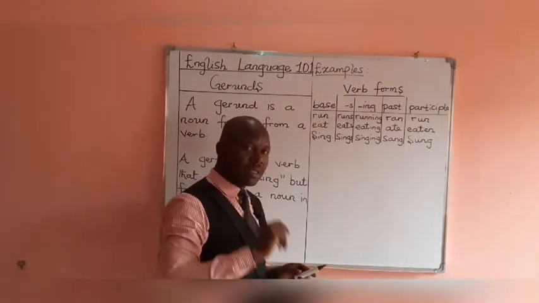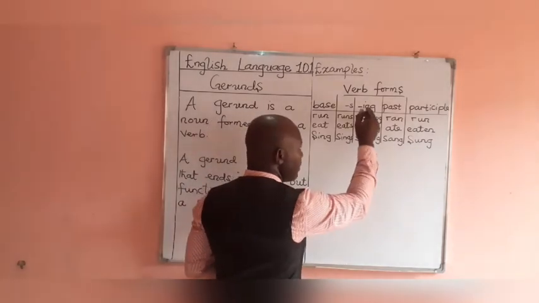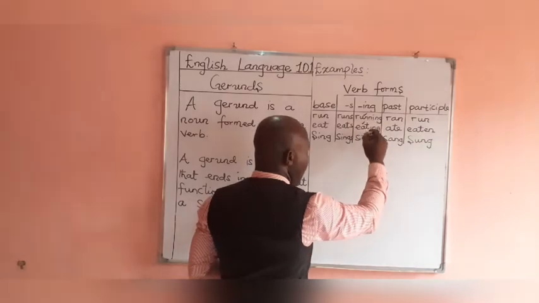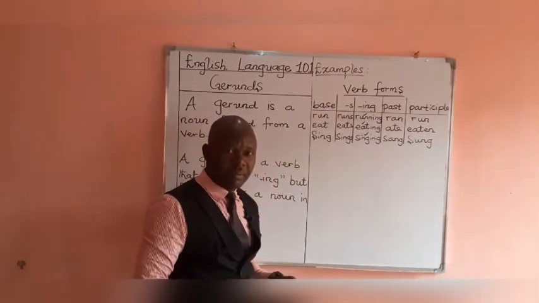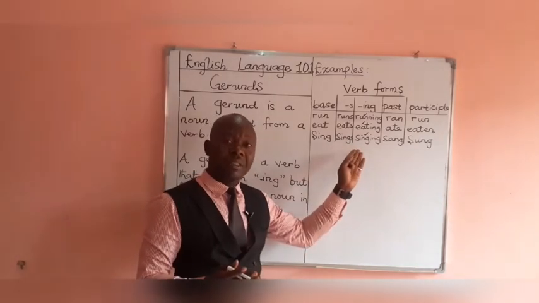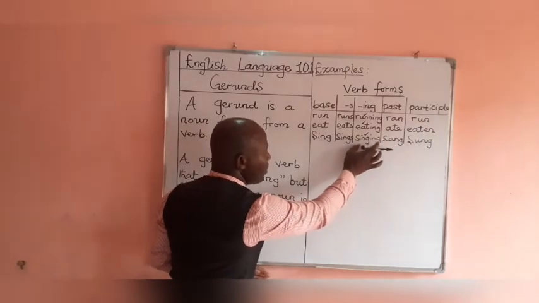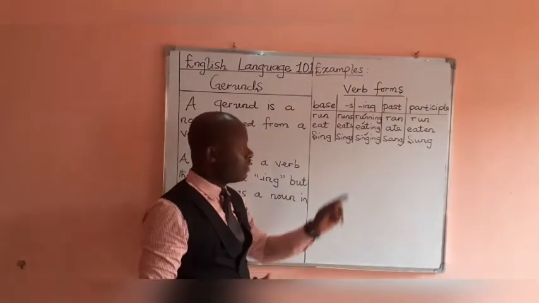But if you pay close attention, you will notice that you have verbs with the ing form here, here, and here. You see? They're not mysterious after all. They're just verbs. So these are examples of what we call gerunds.